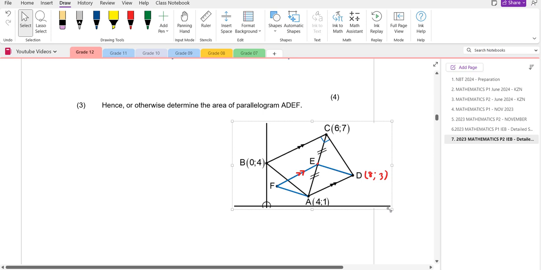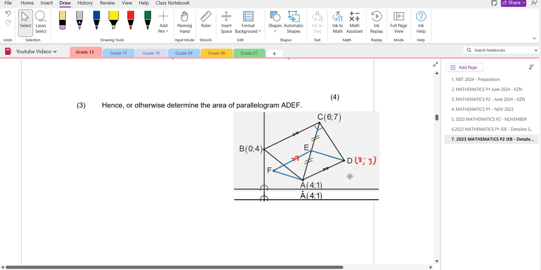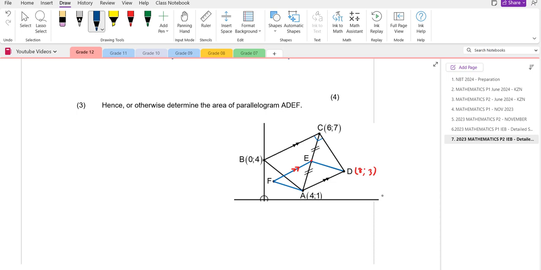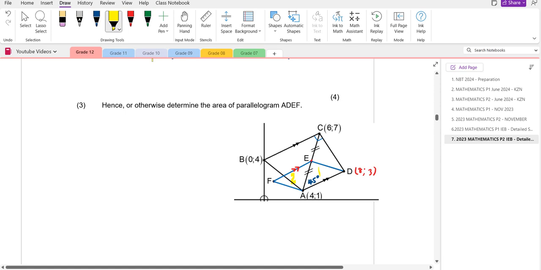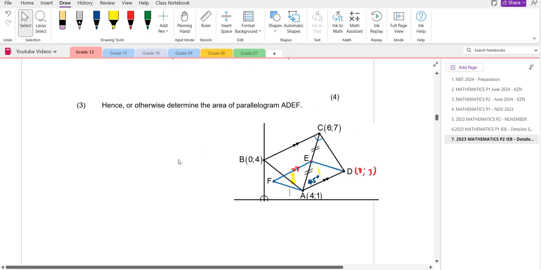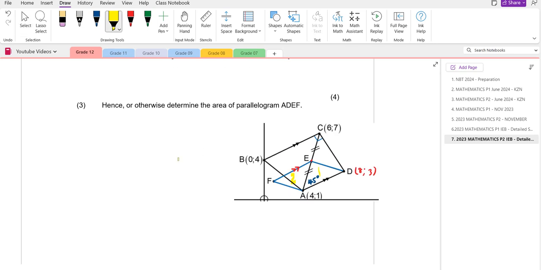Now moving on to this problem here. Hence or otherwise determine the area of the parallelogram ADEF. We know this angle EAD is 45 degrees, and we know that these two triangles are congruent, 1 and 2. How many marks is this? We need to check. It's 5 marks. Why is this triangle congruent?